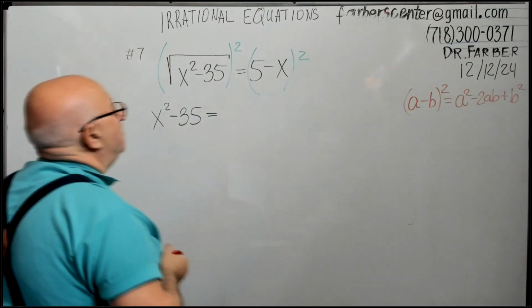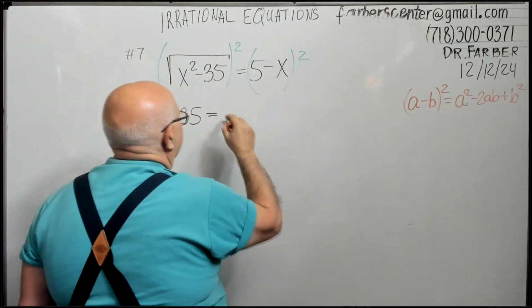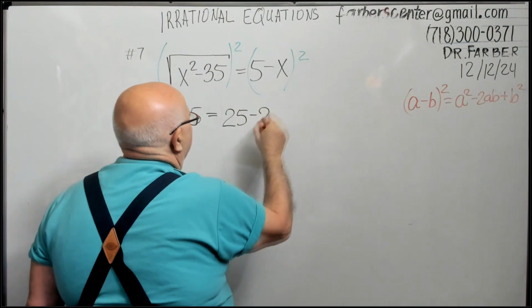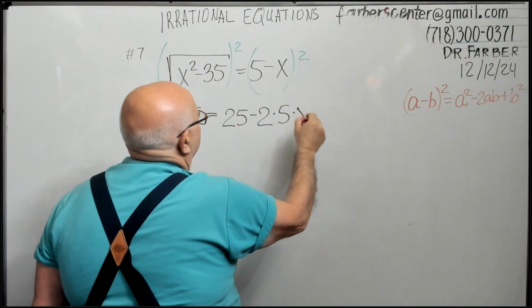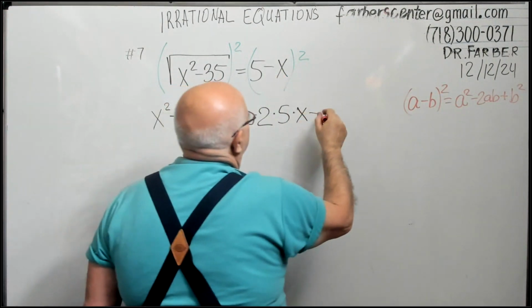On the right part, according to this formula, the square of the first is 25, minus double the product of these numbers, I do it slowly, and plus the square of the second one.